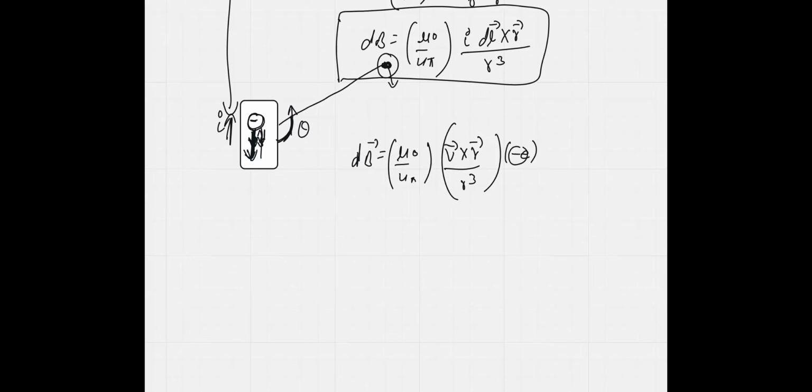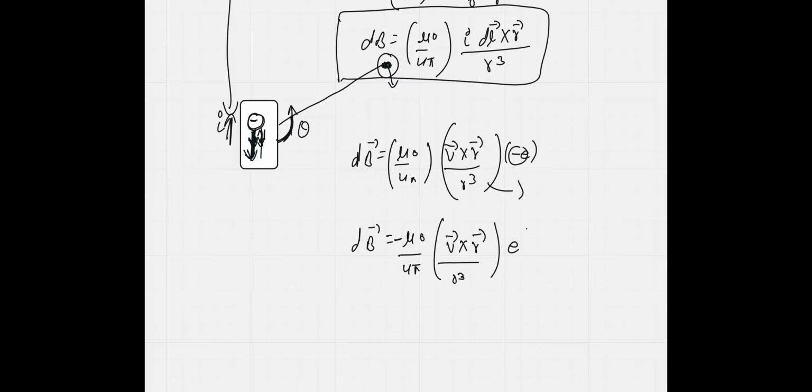Yes, sir. So what this comes out as, you can read as the same thing: mu naught by 4 pi, q v cross r by r cube, the negative is outside.